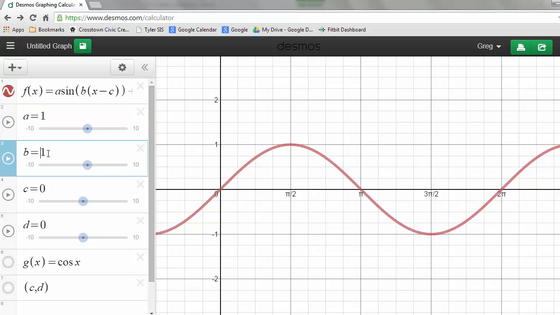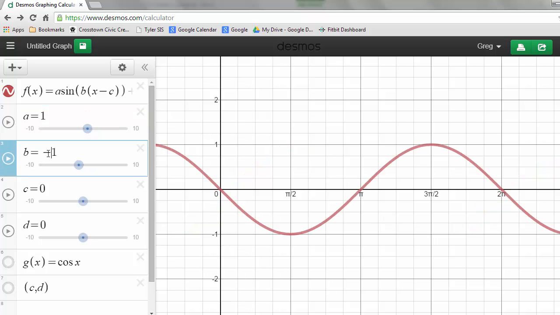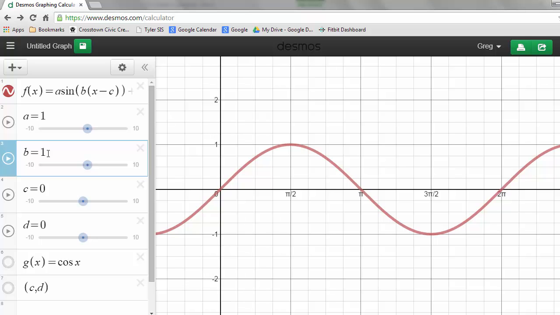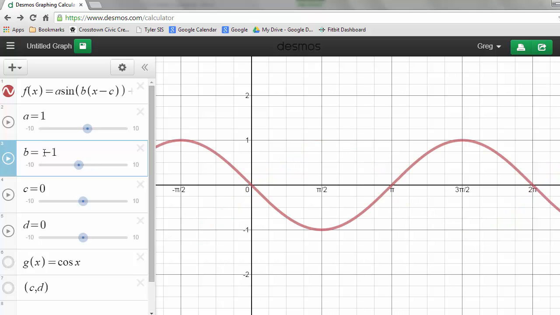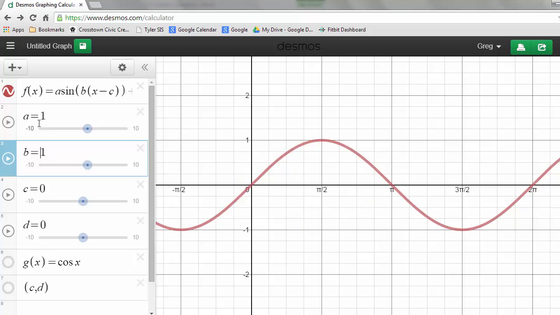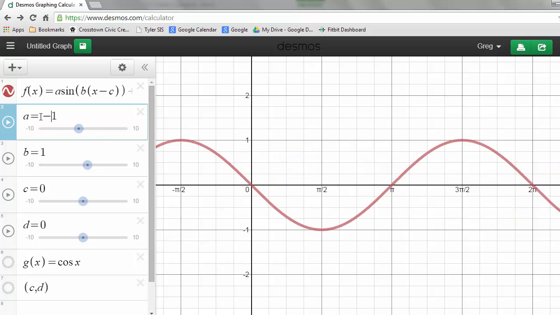If I make this one negative, you'll see it kind of looks exactly the same as what I just did, but in reality what it is, it's reflecting across the x-axis. So this point ends up over there, and this minimum reflected and came over there. So in fact, in this situation, but not every situation, when I put a negative in front of the B, it actually has the same effect as the negative in front of the A. Okay.